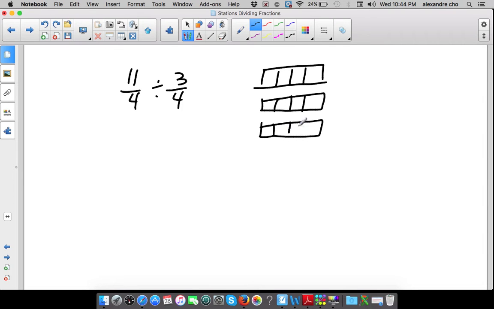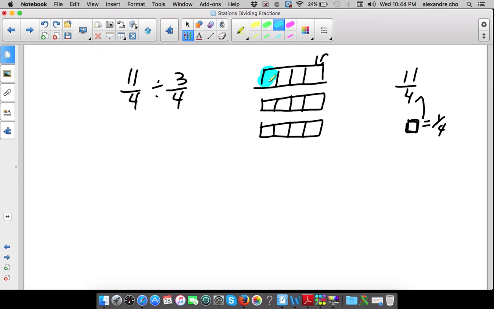to remember. 11/4 means how many of these little ones, okay, that piece equals 1/4. You need 11 of these little squares to make it 11/4. So let's highlight.